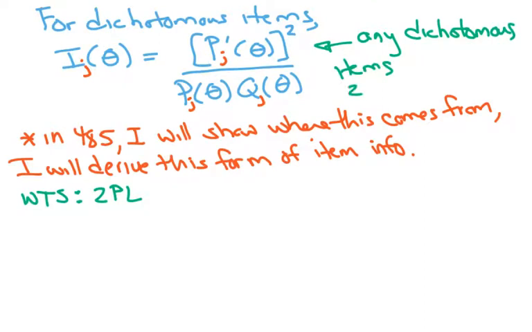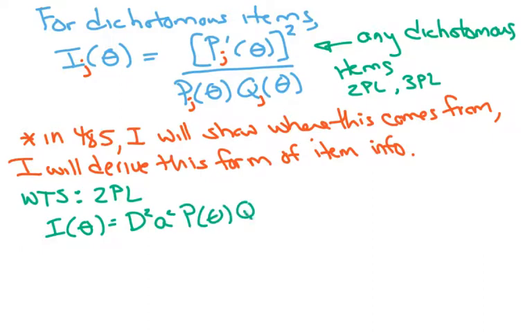We have the 2PL and the 3PL that we talk about. For the 2PL model, item information looks like d squared a squared P of theta Q of theta. And this is important.